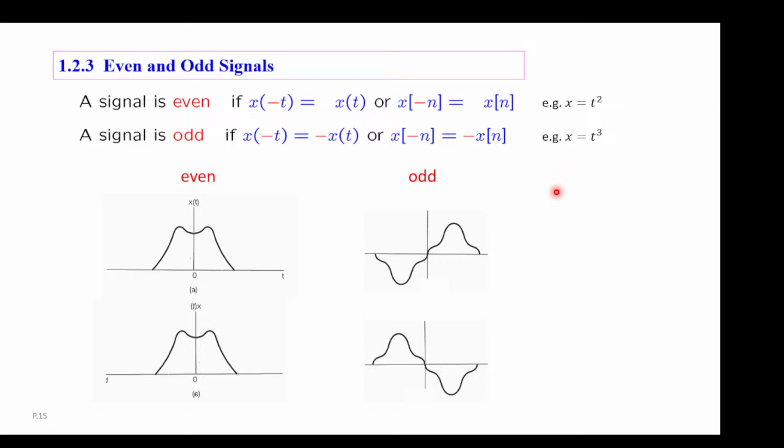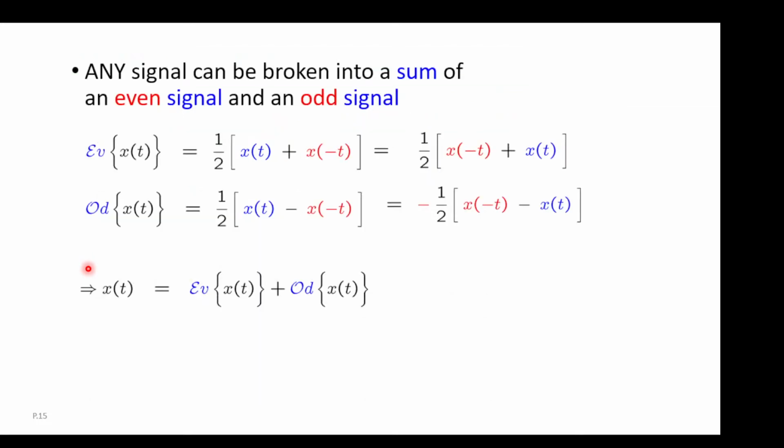Even and odd signals are nice because they have lots of symmetry, and we'll see later in the course that the symmetry gives them some nice properties. Also, a nice thing we can do is decompose any signal into a sum of an even part and an odd part.